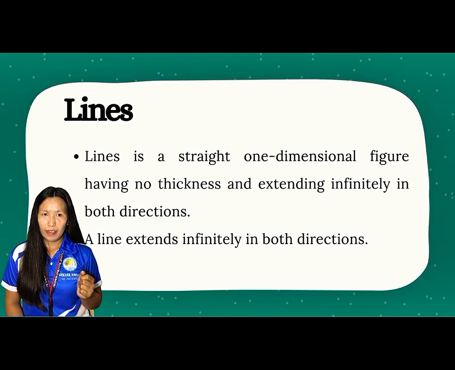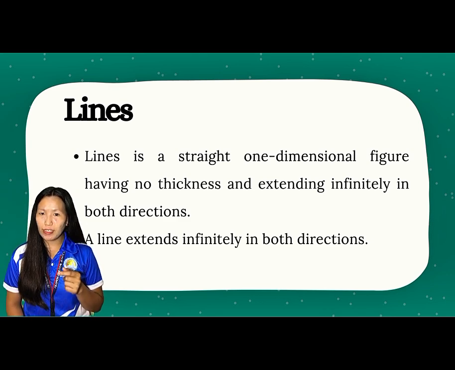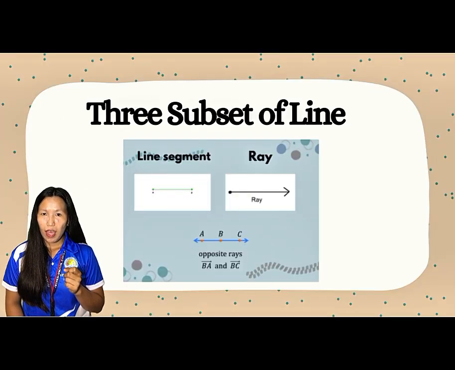The second is the lines. When we say lines, it is a straight, one-dimensional figure, having no thickness and extending infinitely in both directions. Here are the three subsets of lines: the line segment, ray, and the opposite rays.